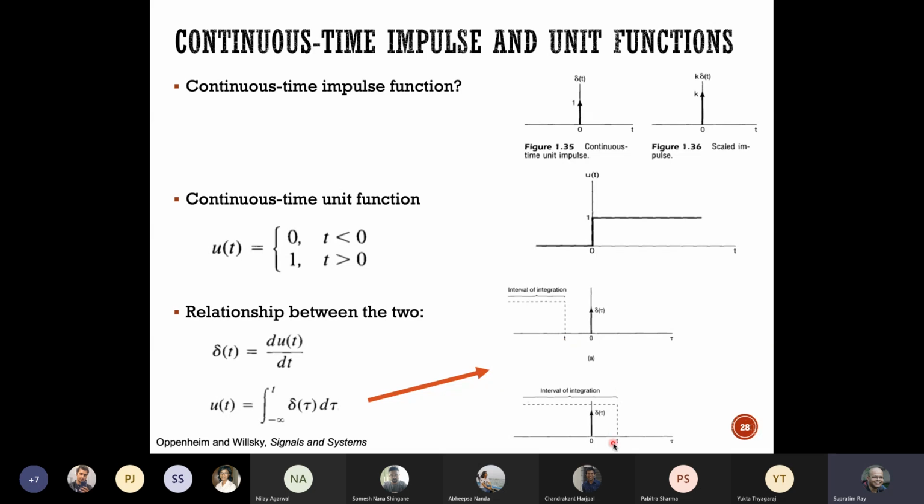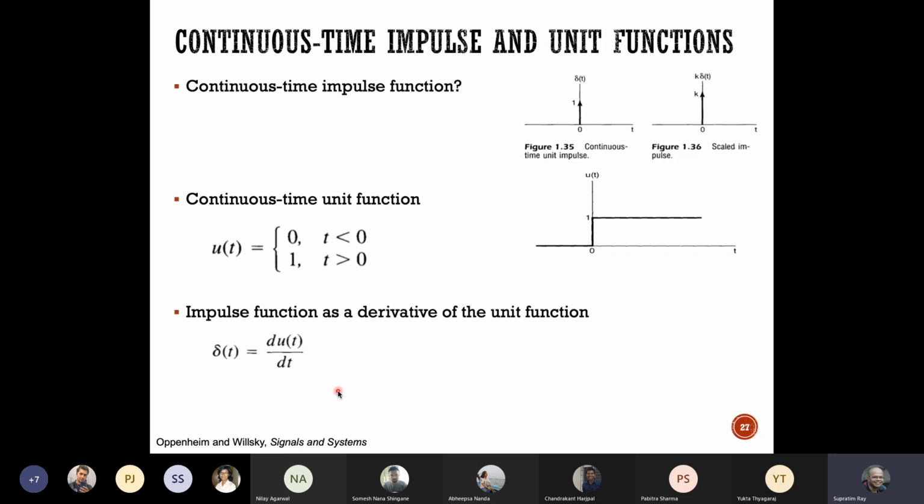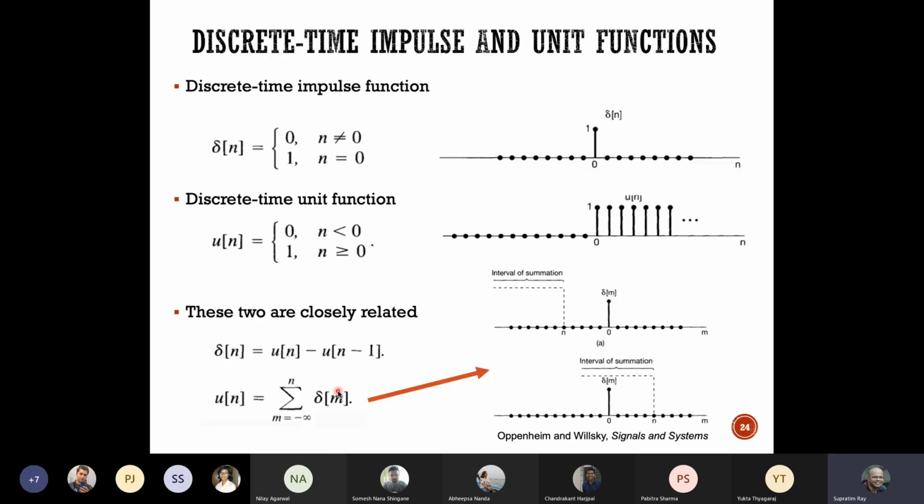But as soon as you integrate it over an interval that includes the delta function, the integral is 1. So this whole thing is just u(t). It's 0 for t less than 0, 1 for t greater than 0. This part is a little bit confusing, but it's exactly the same logic that I had given you here.